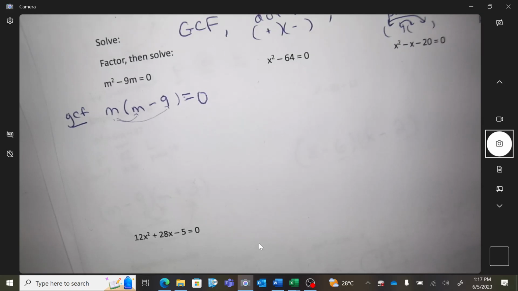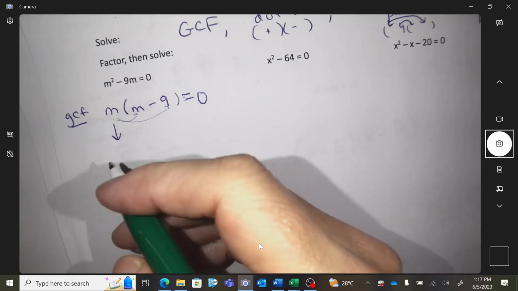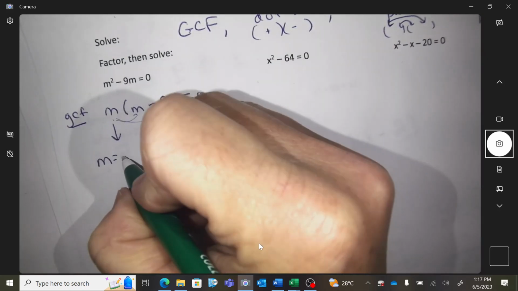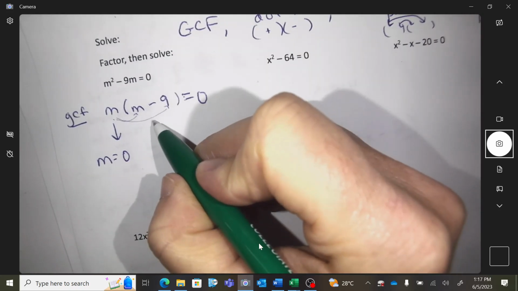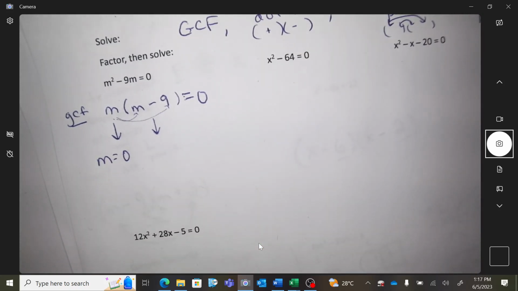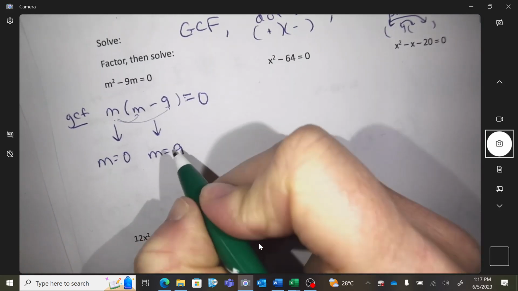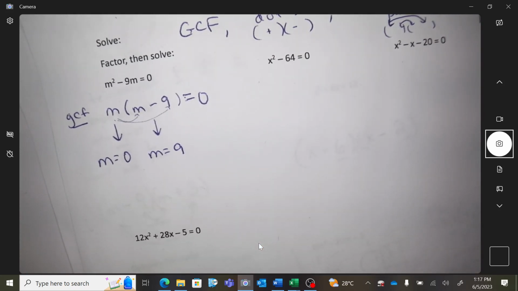So we're going to alternate. If I want this item to be 0, m would have to be what? 0. And if I want the second item to be 0, m would have to be positive 9. Because subtracting that 9 in that bracket causes a 0.